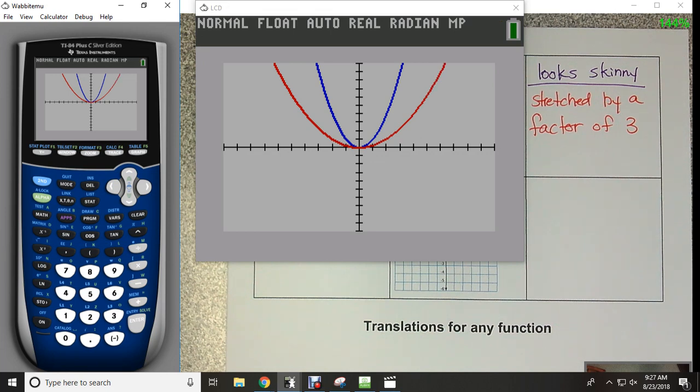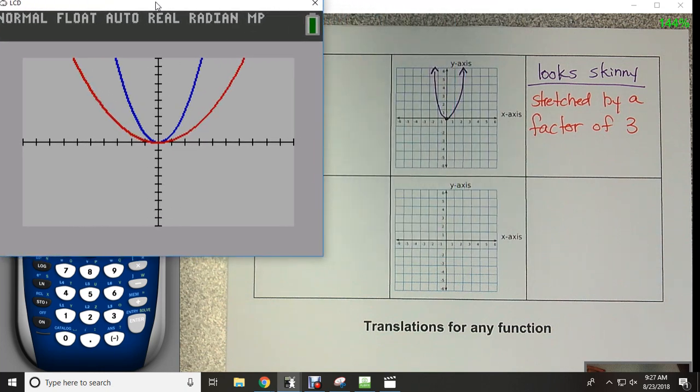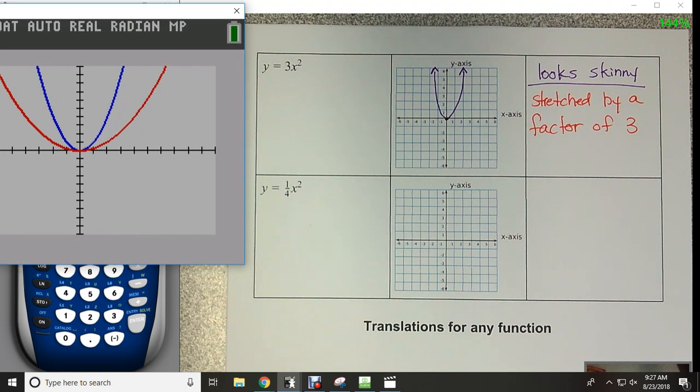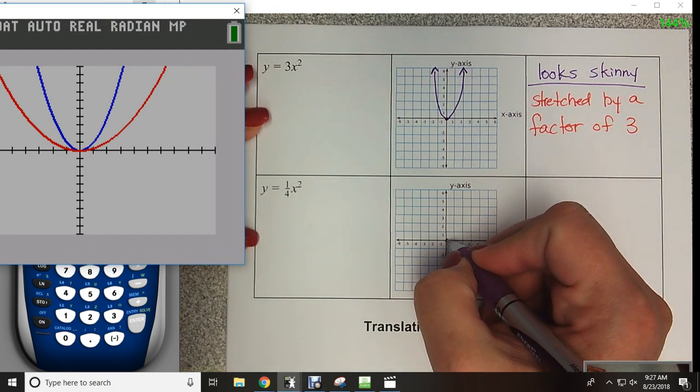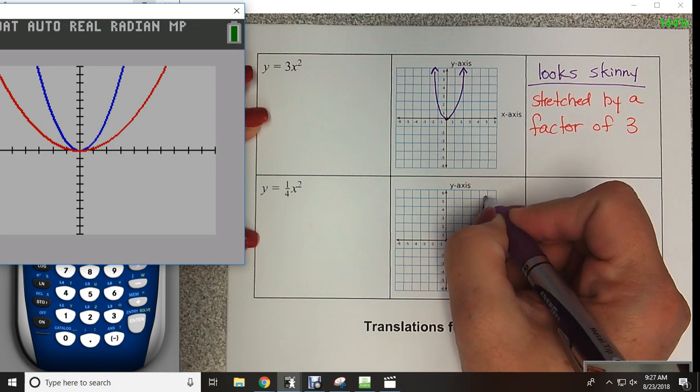So when I had that fraction that was between 0 and 1, it made it wider looking, and there's a real word for that, but we're going to get there in a second. So let me move this out of the way. We'll sketch this one. Again, the vertex is still at 0, 0, but we're going to make it nice and wide looking.